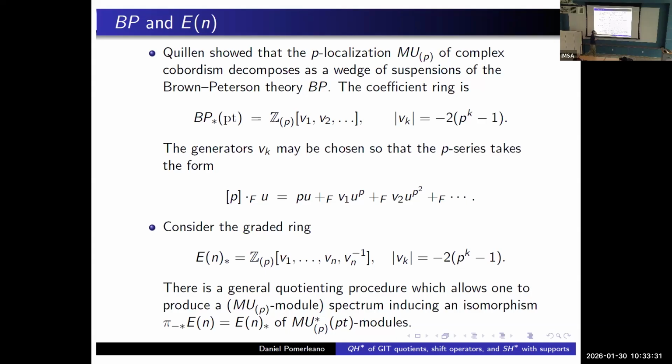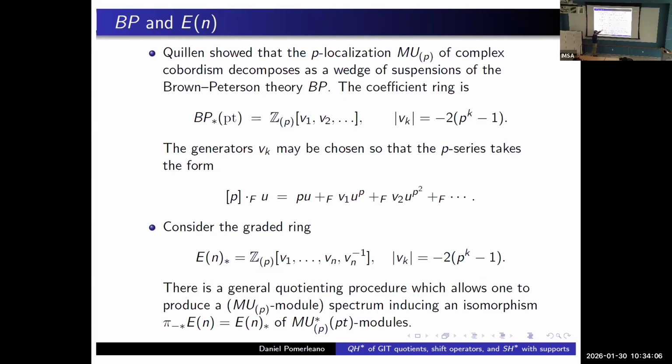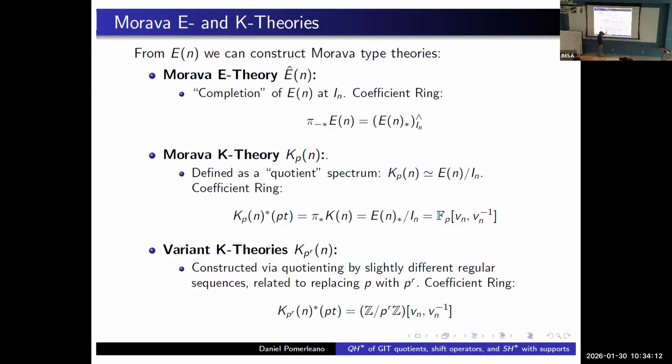Okay, we're still not quite at what we want. There's a further quotienting, and these are the cohomology theories that seem to be showing up in symplectic geometry. What people usually call Morava E theory is given by completing this cohomology theory at the ideal, basically to make it local.